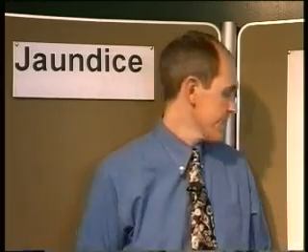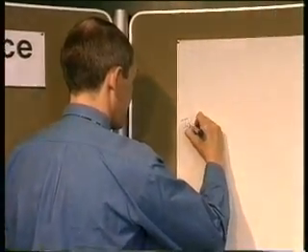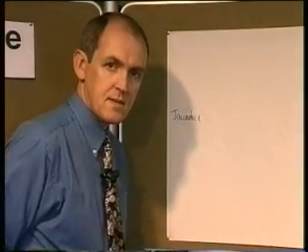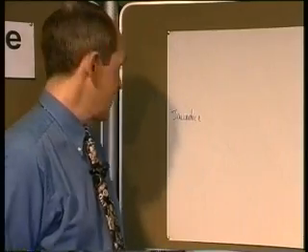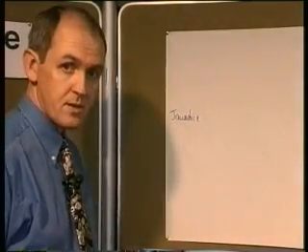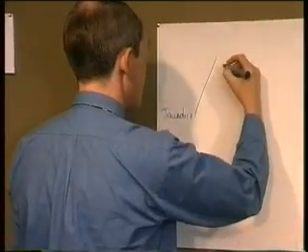Let's now clarify the types of jaundice using a simple word diagram. So jaundice. Jaundice, as we've said, is yellow discoloration of the skin and sclera, due to the accumulation of bilirubin in the blood. But there may be three types. The first we've said is prehepatic.